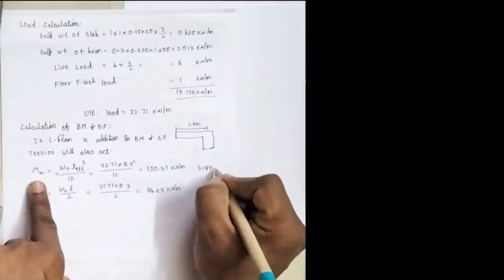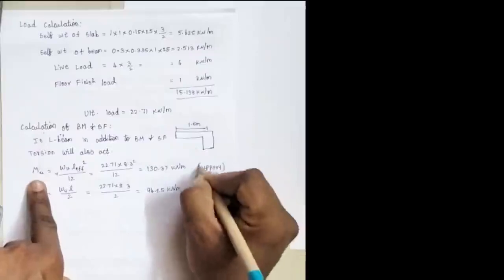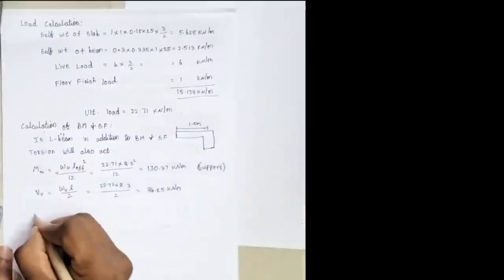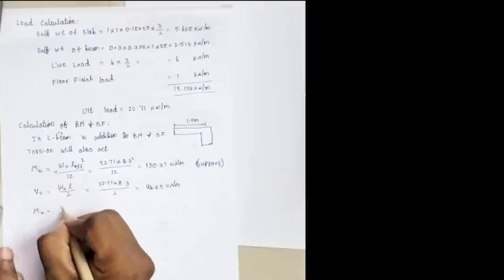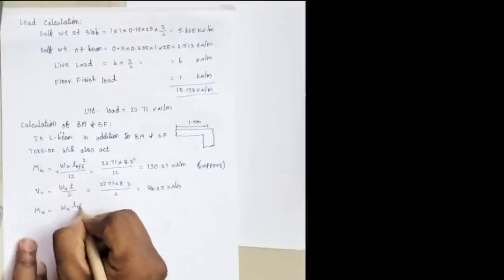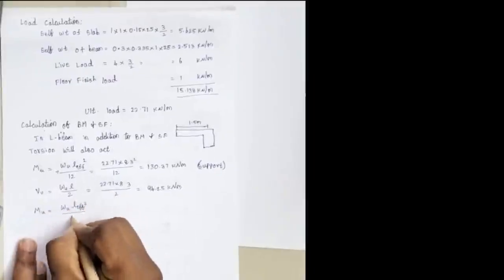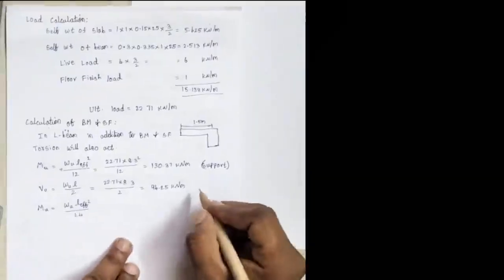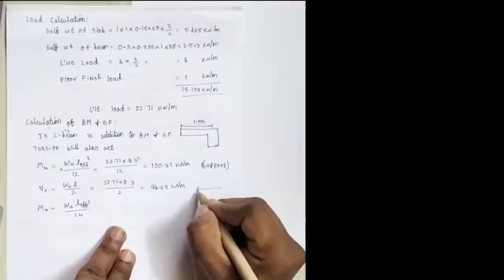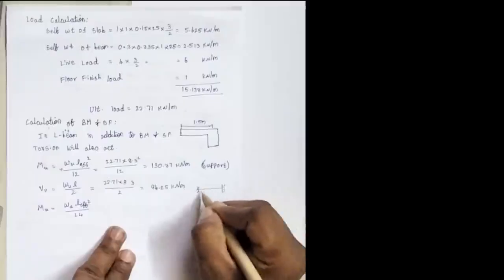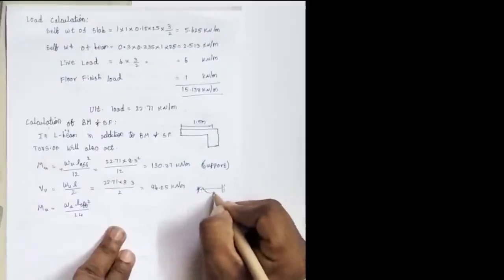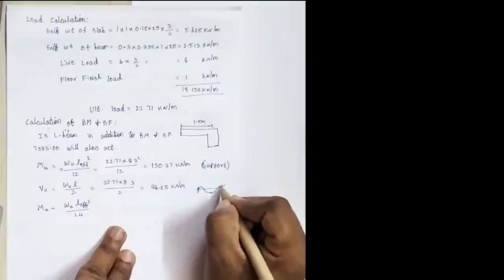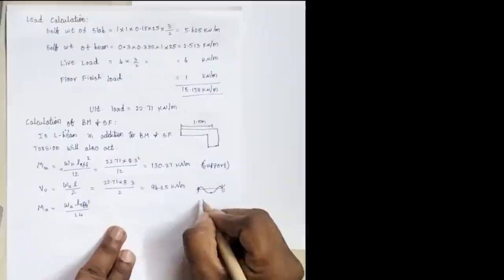Next I need to calculate the moment at the center. So moment at the center, the formula is Mu equal to Wu L effective square, WL square divided by 24. How we got that value is, if you are considering a fixed beam like this, then the bending moment will happen like this. Here it will act like a simply supported beam. To calculate the value, we need to nullify both the values.